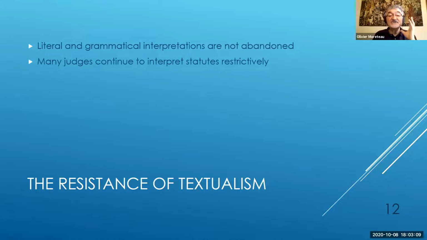Many judges continue to interpret statutes restrictively, and this tendency tends to be predominant when you are dealing with fiscal legislation.